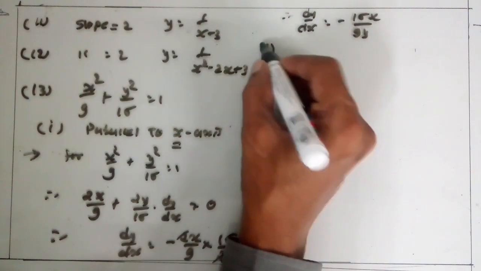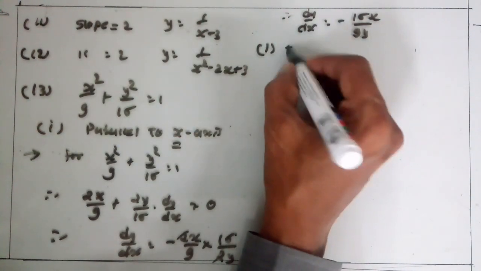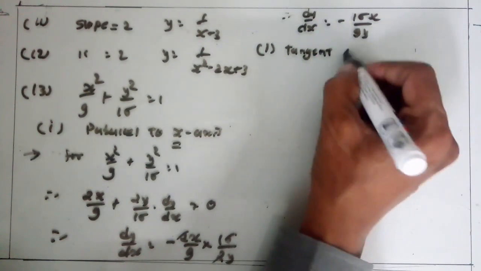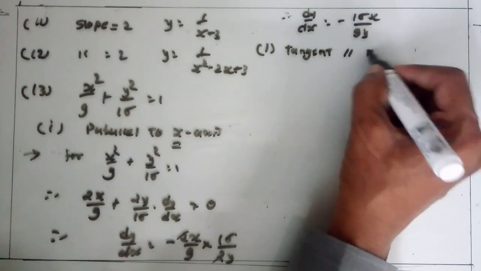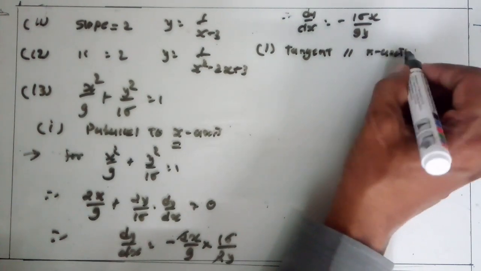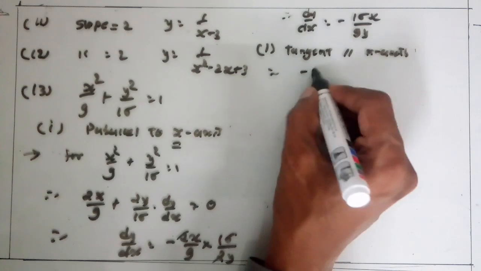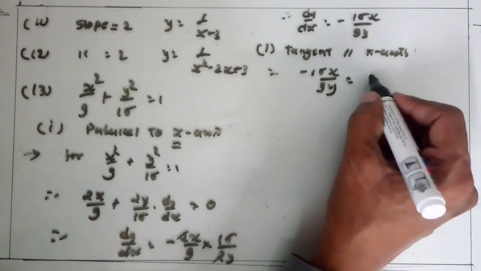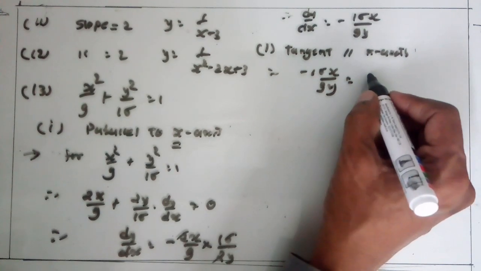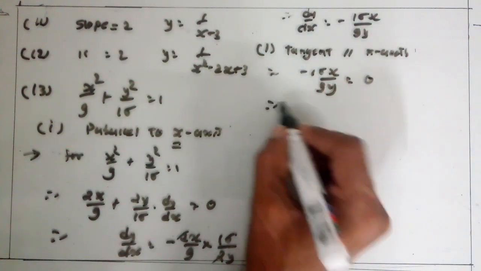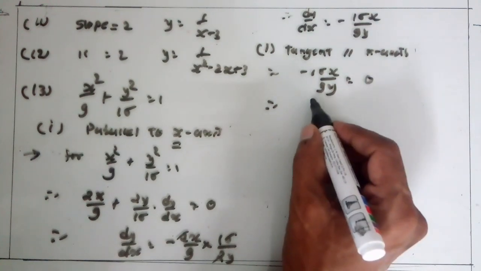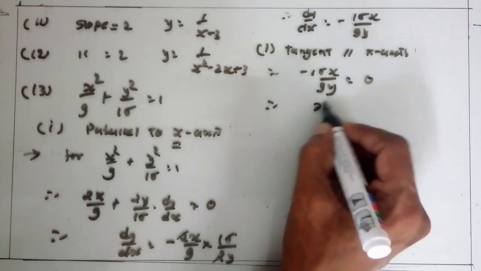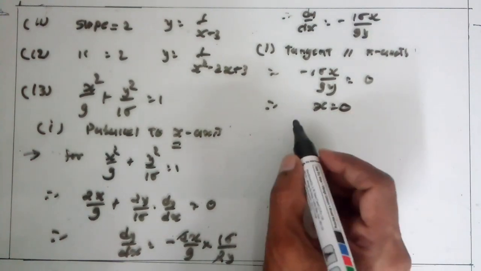Now here given number 1, tangent parallel to x axis. Therefore the slope minus 16x upon 9y is equal to 0, since parallel to x axis, the slope becomes 0. We know that. Therefore, 9y take this side, so 0 into this becomes 0. 16 take this side, so x is equal to 0. Clear?